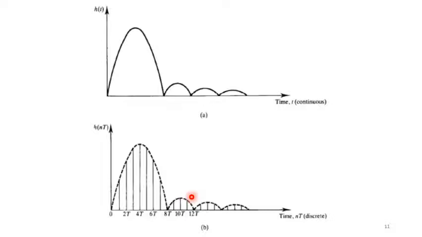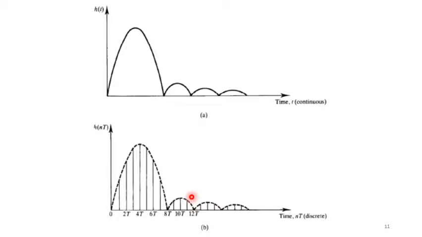If we do not meet this, which is called the Nyquist criteria, we will have aliasing, because sampling a signal in the time domain corresponds to producing replicas of the signal in the frequency domain, and those replicas are around the sampling frequency.